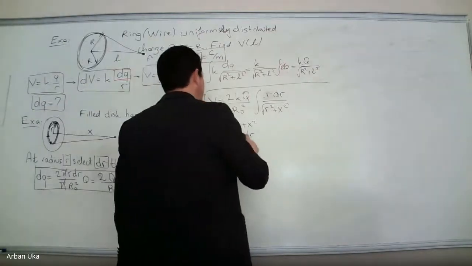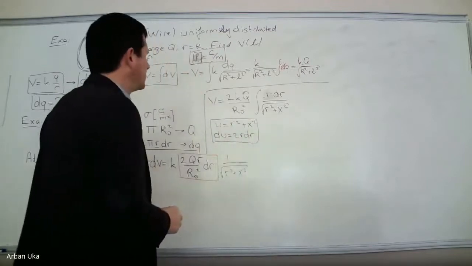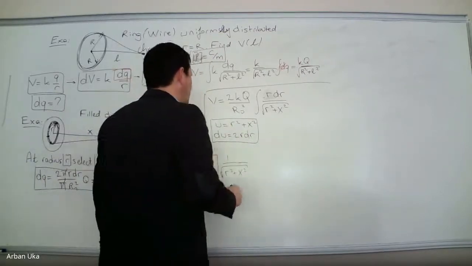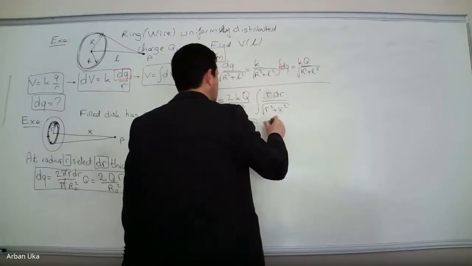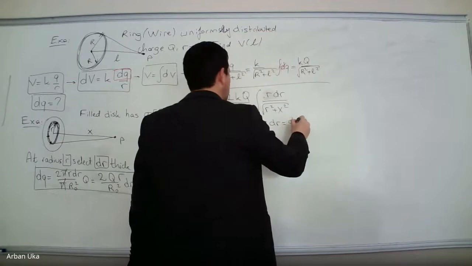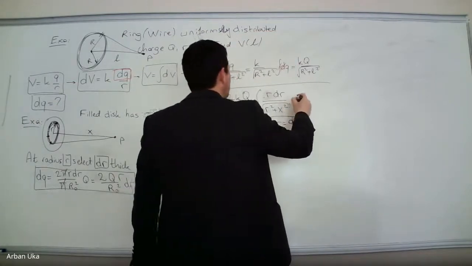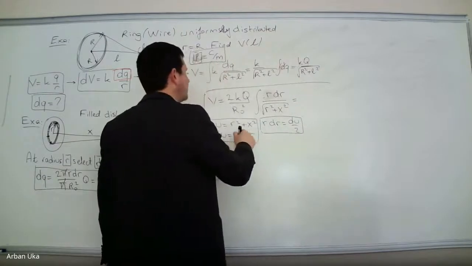And then from this pair here, we can say that r dr is equal to du over 2.